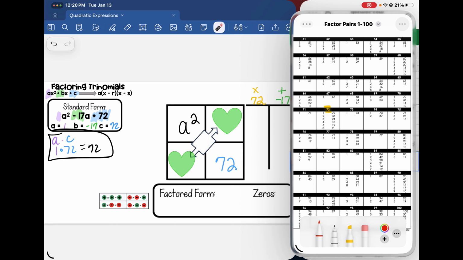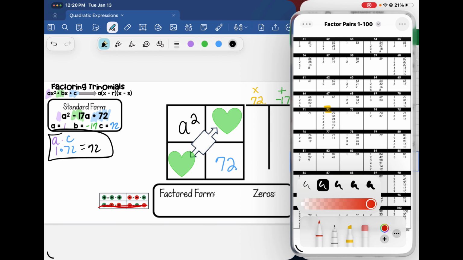A negative times a negative is a positive. That means these two are out because they do not multiply to a positive, so I don't need to look at that combination. All right, so 1 times 72. I can say a positive 1 times a positive 72, or negative 1 times a negative 72. But are they going to add up to 17?